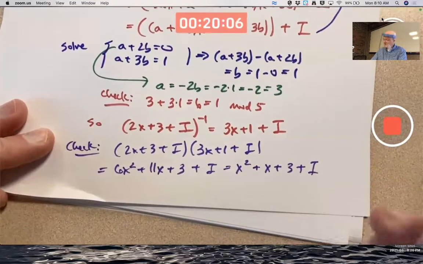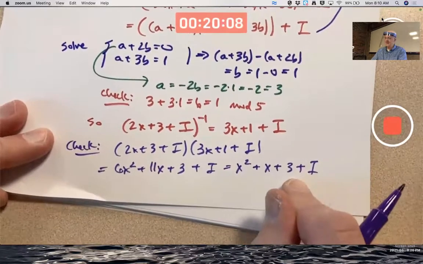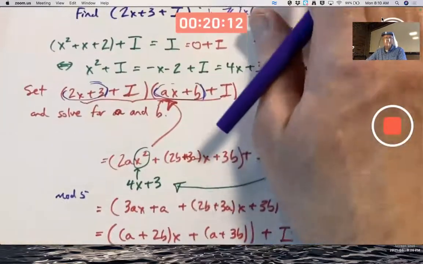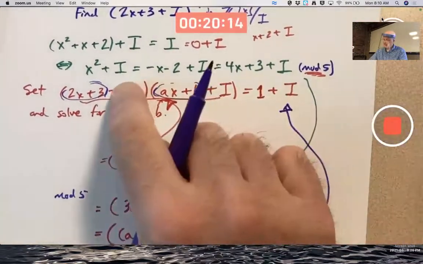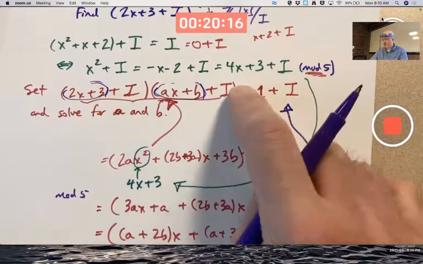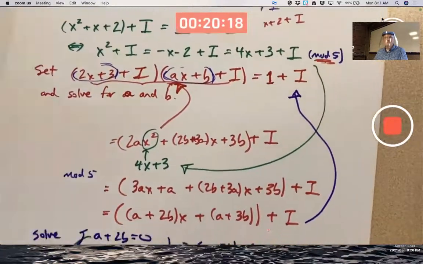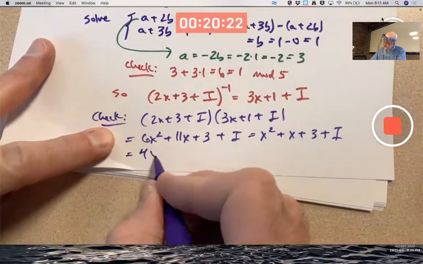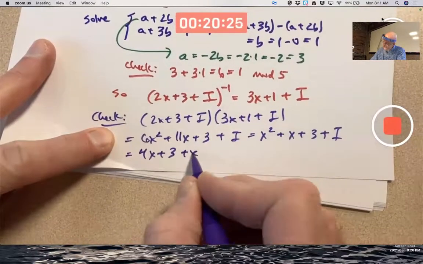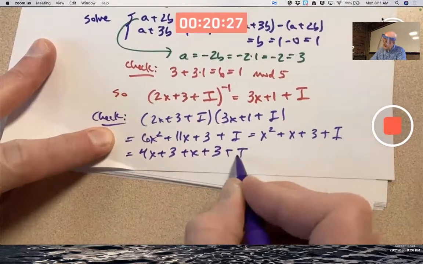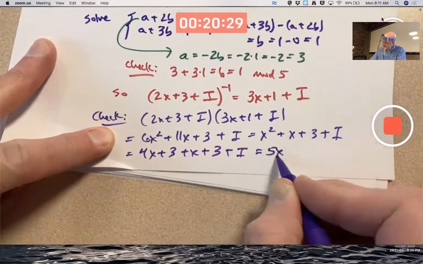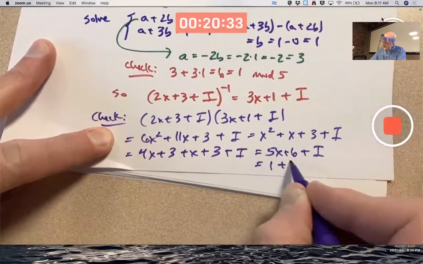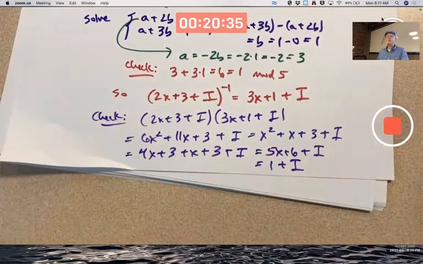What finishes it? How do I know this is the unity coset? I've got to do the same trick we did way back up here. Replace x squared with either negative x minus 2 or 4x plus 3. Replace it with 4x plus 3. Gives me 5x plus 6 plus I, but now mod by 5, and that's 1 plus I. Done.